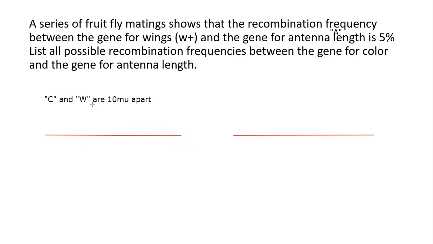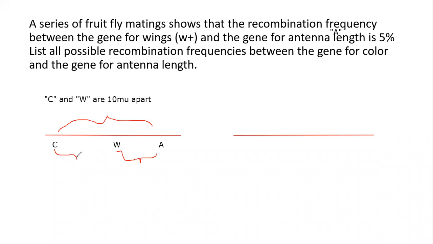We know that C and W are 10 units apart. So you might put C, W, and then we know that antenna is 5 from that, so maybe this is how they sit. If you were drawing that, you might write in what the distances are.